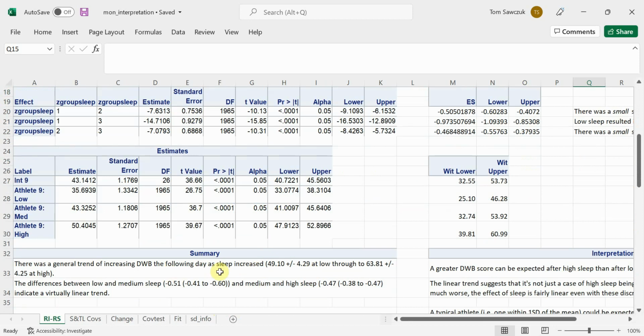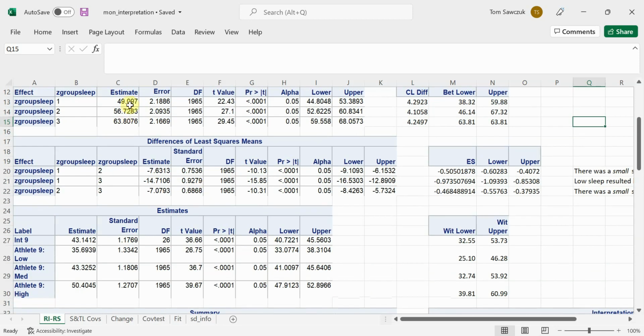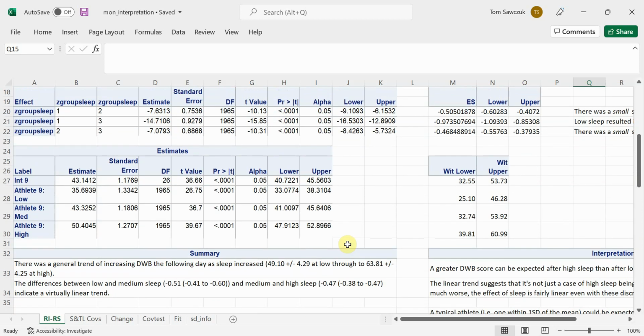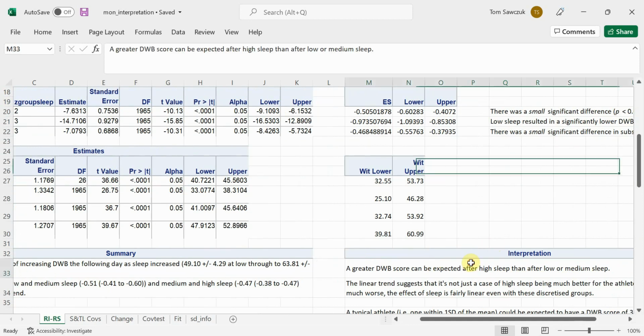So I guess the summary is that there's a general trend of daily well-being increasing as sleep increases, and that's shown by the least square means estimates, which rise from 49 to 63. And so, unsurprisingly, the interpretation of that is that you can expect a higher daily well-being score after high sleep than after low sleep, or after medium sleep.